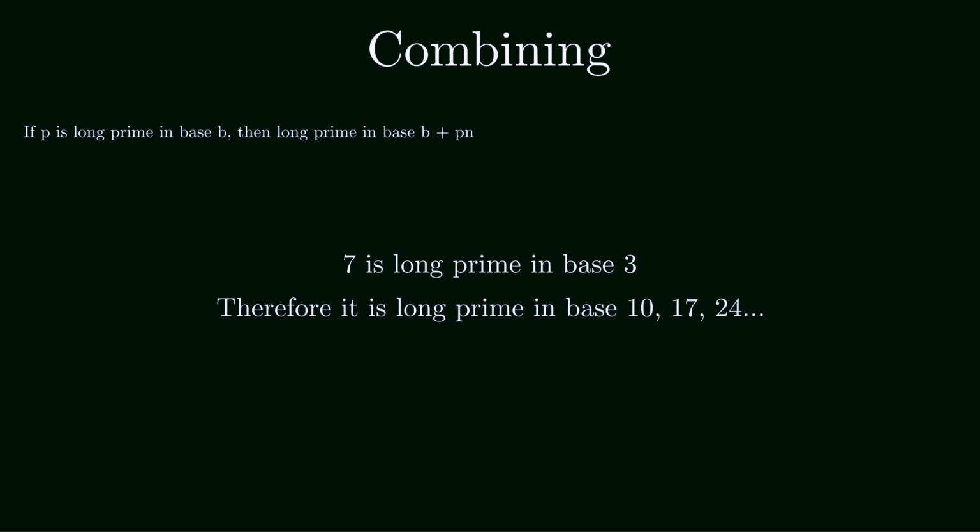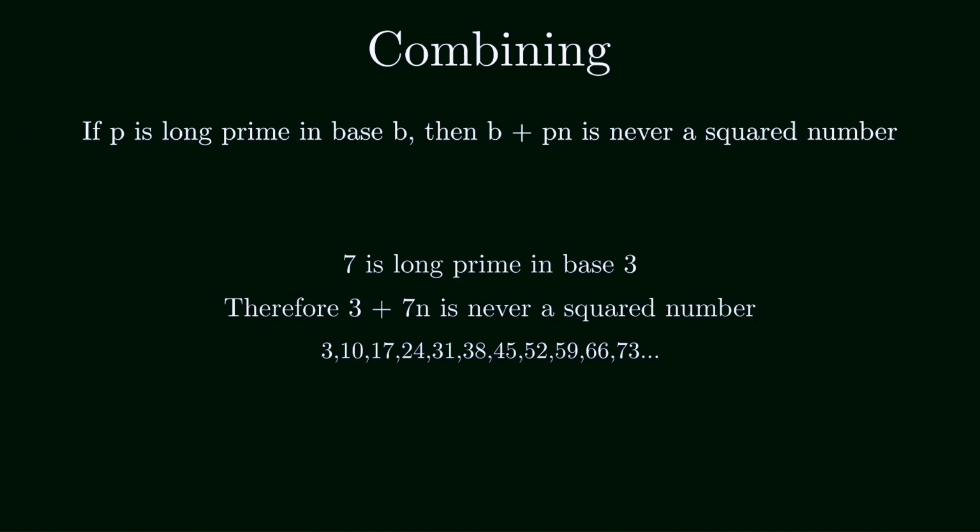Yet if 7 is long prime in all these bases, then these bases all can have long primes. But wait, didn't we also say that no squared number base can have a long prime? Wouldn't that mean that starting at 3, if we keep adding 7 on and on, we'll never get a squared number? Well, yeah, basically. We would actually never get a squared number, no matter how much we keep trying. Somehow, both infinite lists will never intersect.